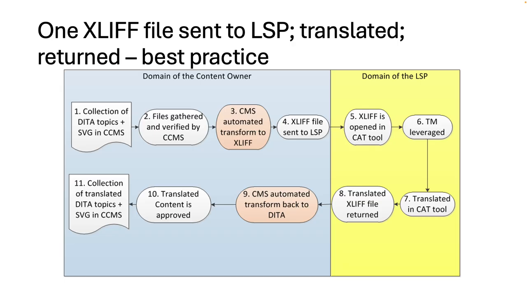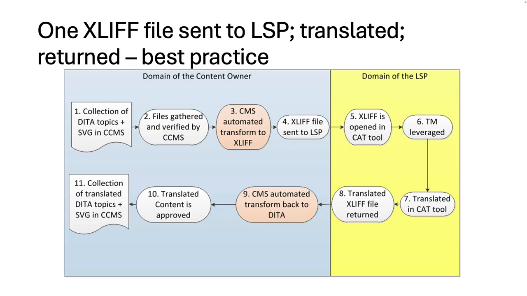So let's look at that preferred workflow. You notice that the blue part, the domain content owner, most of the steps are there, but they're done not manually, but by the component content management system. So our starting point is that collection of DITA topics and SVG files in the component content management system. We gather and verify them in the component content management system.